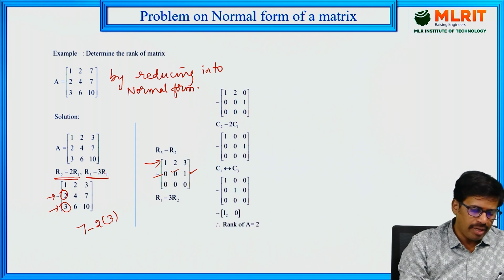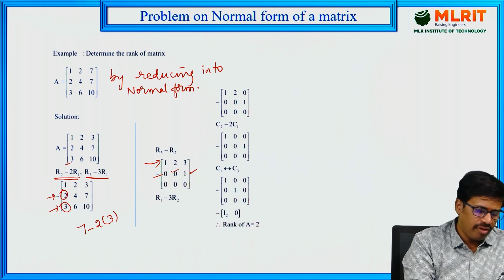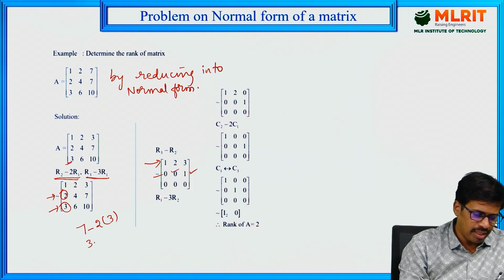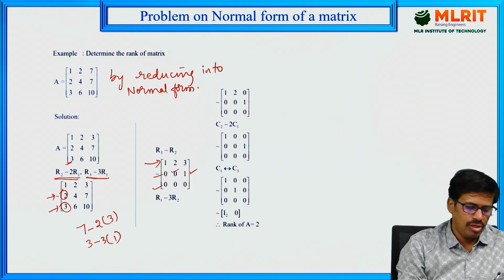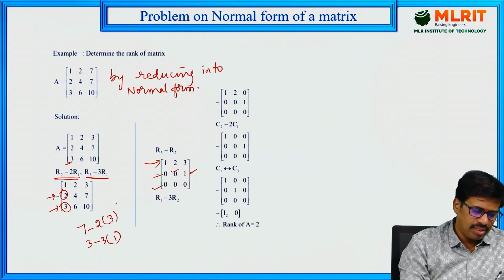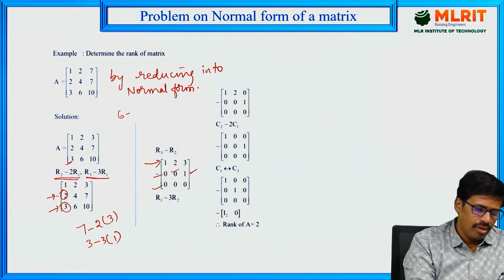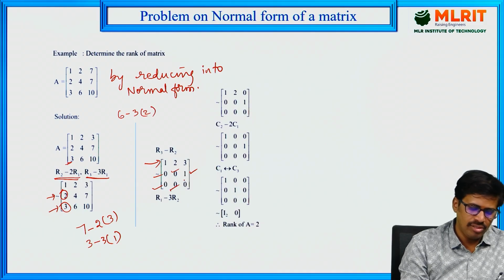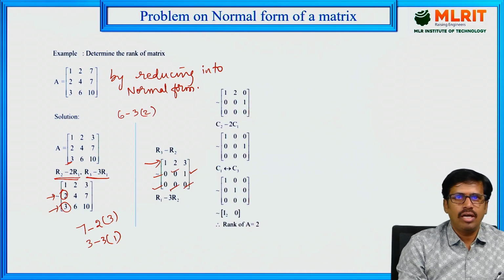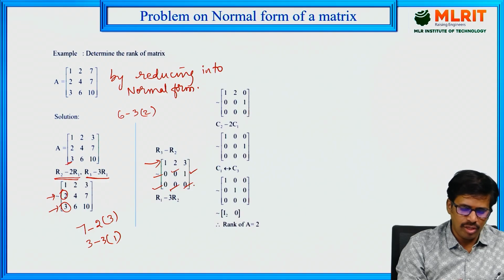Coming to R3 minus 3R1, third row: the first element 3 minus 3 is 0. Next 6 minus 3 times R1, 6 minus 6, 0. So we got the third row completely 0.